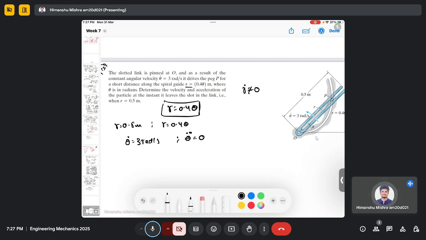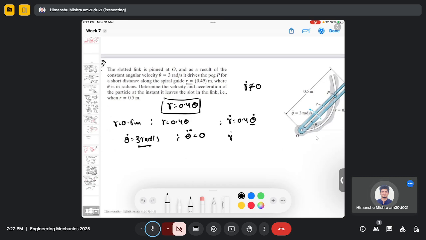And if you take the time derivative of r, r dot will be 0.4 theta dot. You already know theta dot is 3, so r dot will be 0.4 multiplied by 3, which is 1.2 meter per second.